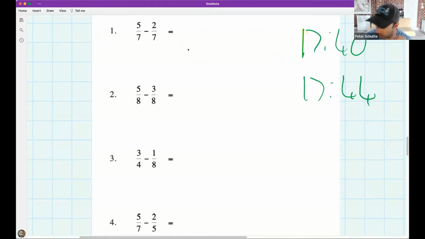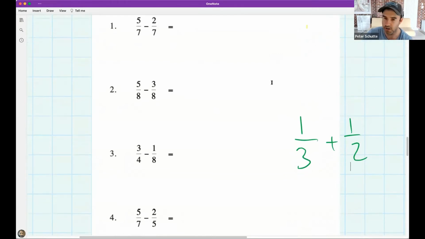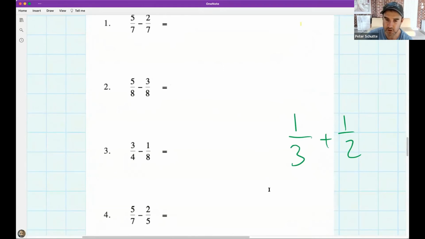Okay, it's a good question. It goes to this idea that when we're adding and subtracting fractions, it's quite hard to add and subtract 2 fractions. So I'll go back to the very beginning. Those who are doing the questions, carry on with what you're doing. I'm doing a separate explanation on the side here. When I try to add a third and a half together, you can't actually do that normally, because in order to add 2 fractions, the denominators have to be the same.